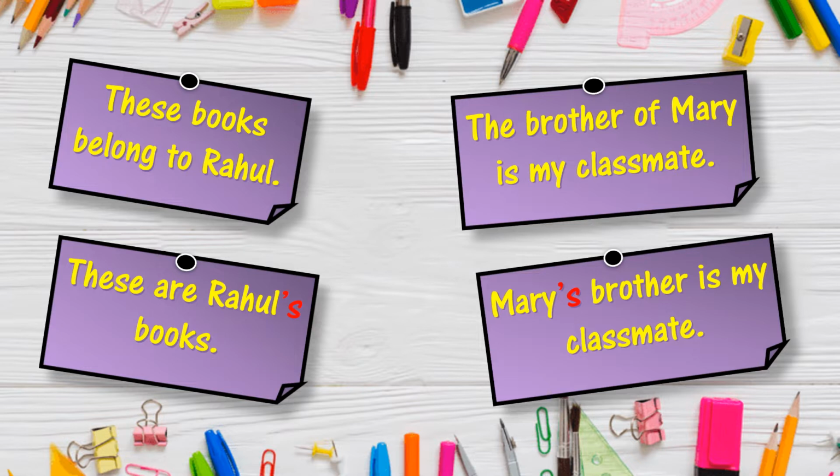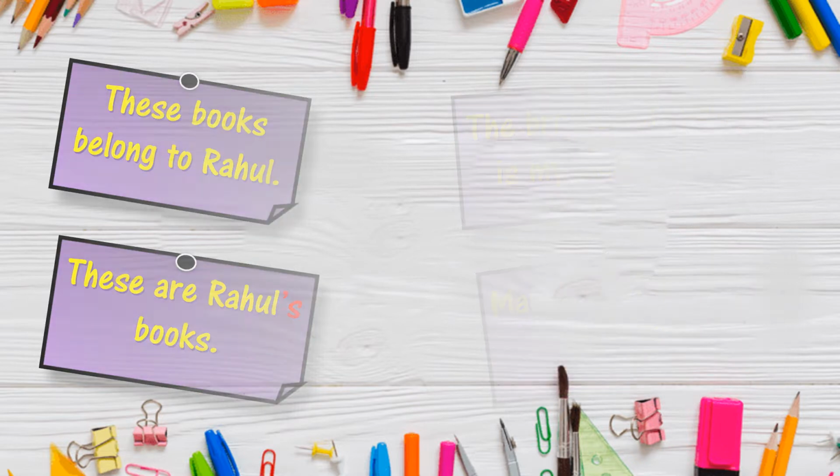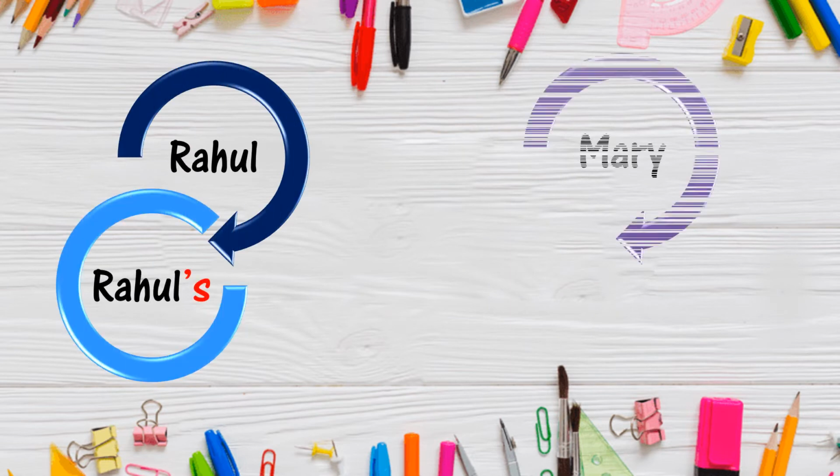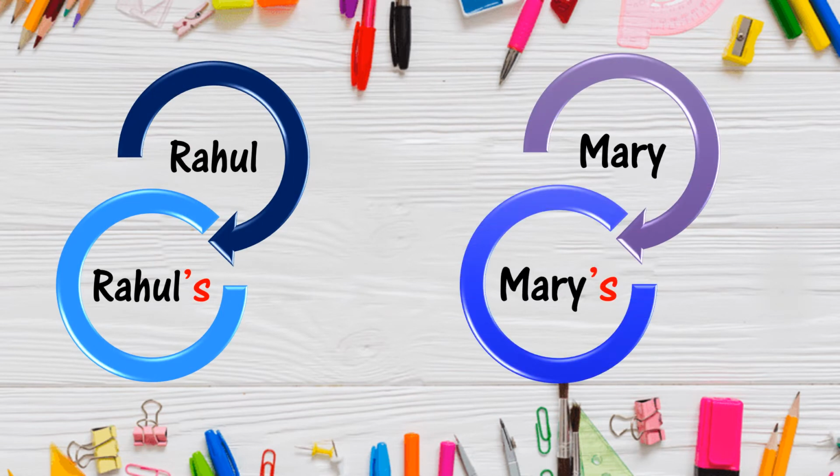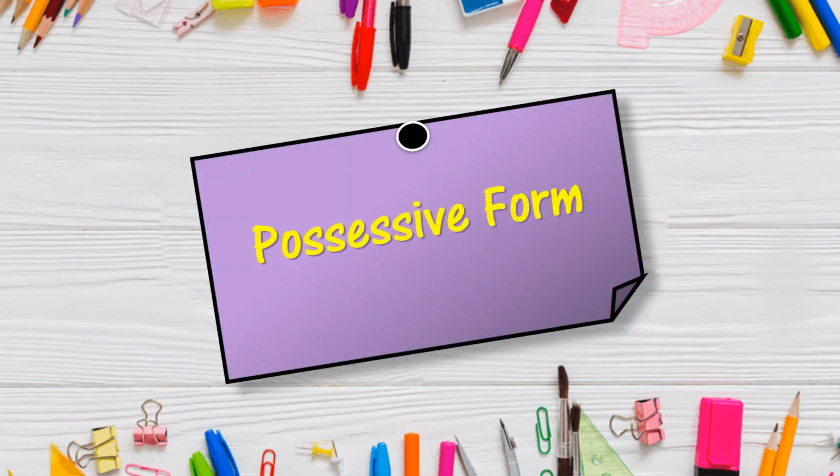Did you notice that we put an apostrophe and S after Rahul and Mary to show the belonging and possession? So Rahul and Mary are changed into Rahul's and Mary's. So when we put an apostrophe after a noun to show possession, it is called the possessive form. Understood? Is it clear, children?